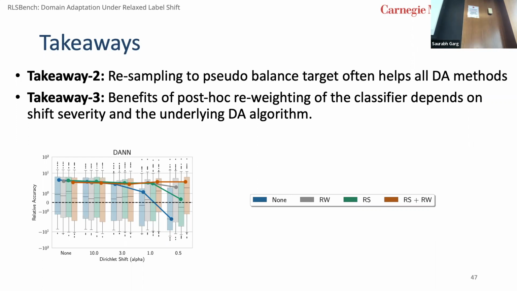That is, the performance of this orangish or reddish plot here is with the DA algorithm, which is DAN in this case, done with these two corrections, the resampling correction and the reweighting correction. Those two corrections avoid a lot of the faltering that we otherwise see, and individually, those corrections also help.